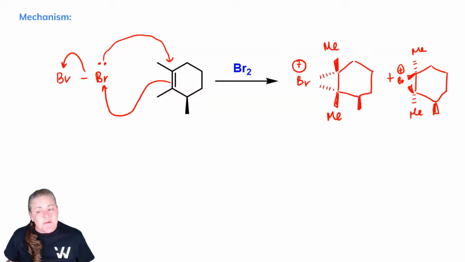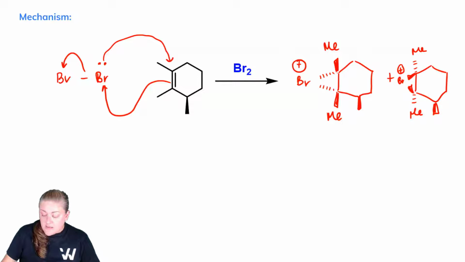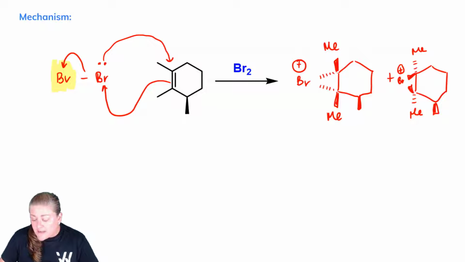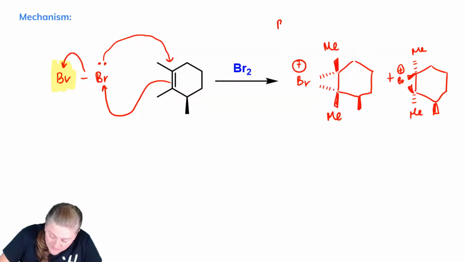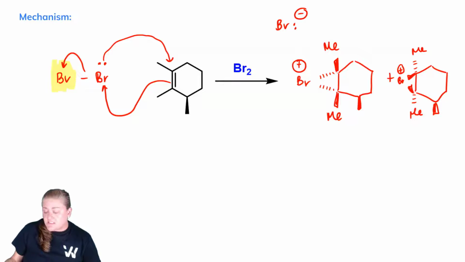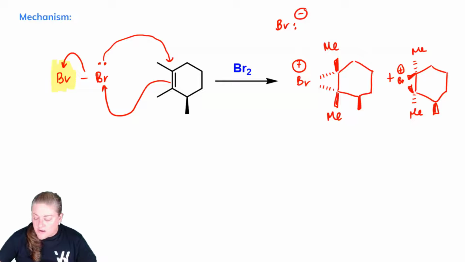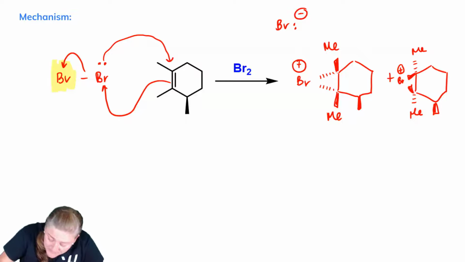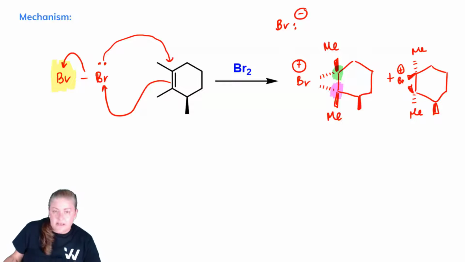Okay, so now we're ready to do the final step, which is to bring in this bromine atom that departed in the first step. And we're going to get attack of the Br. Now, I'm going to draw a whole bunch of products here, and I'm going to split them up so we can see all of them. Now, you can understand now that the bromine nucleophile can attack either this carbon here or this carbon here.